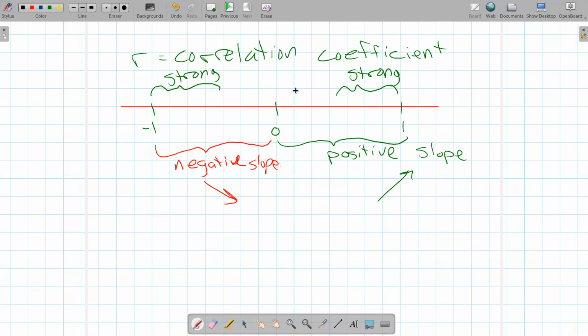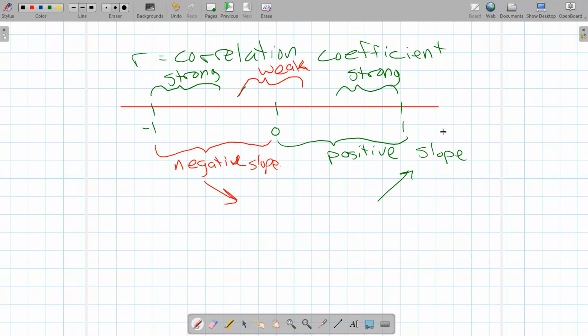If R is closer to 0, however, let's choose red for that. This is a weak correlation. And if the correlation is too weak, then there's no point in finding a line. It's not useful. But if the correlation is strong, then that means the line could be useful in predicting other situations that we haven't measured.